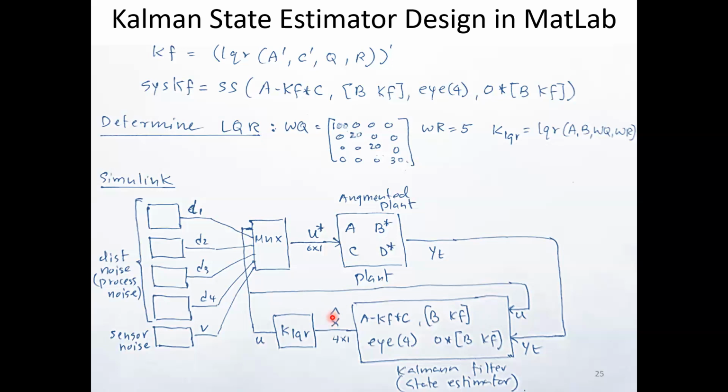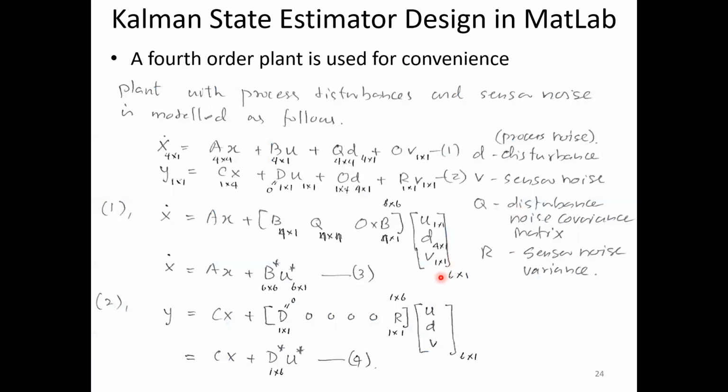Once you have the state estimates, right, you can use KLQR, the gain. This is the LQR gain, not the Kalman filter gain, right? LQR gain for state feedback. You bring it over here. This is the control signal, U, right? And this U, in our model, is actually U star now, okay?